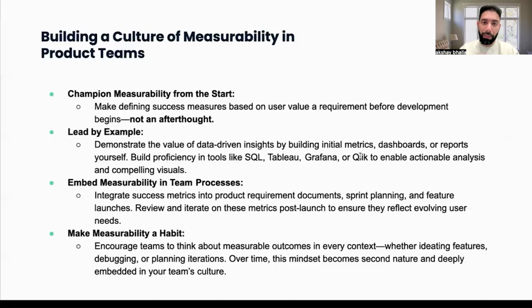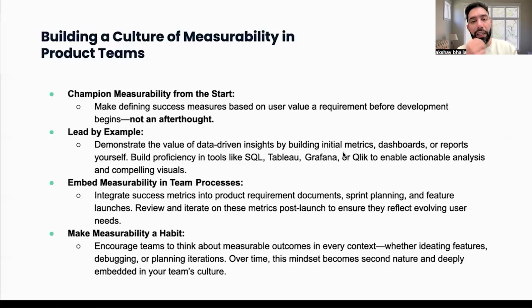By showing your team exactly what is possible, you are encouraging them to prioritize and value data-driven thinking. So, as PMs, never be scared to get your hands dirty, understand the data, play with it, and I promise you'll start enjoying it once you see the results coming out of it and really data driving the decisions that you make.